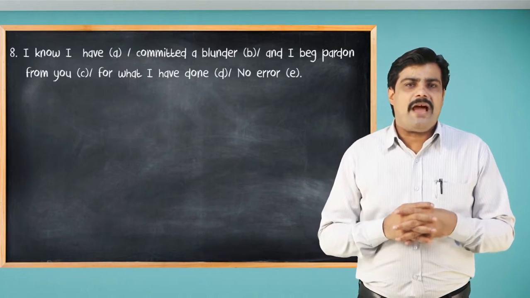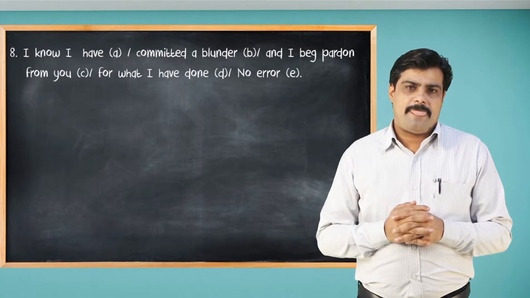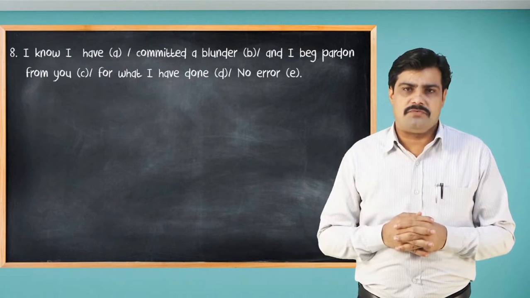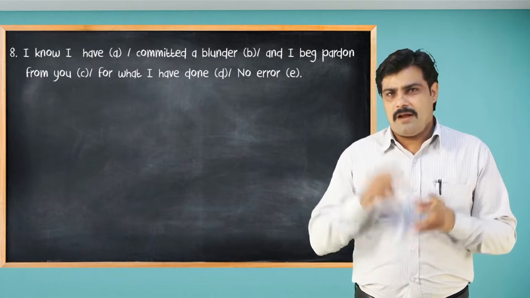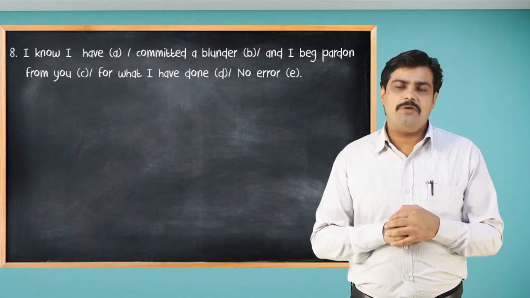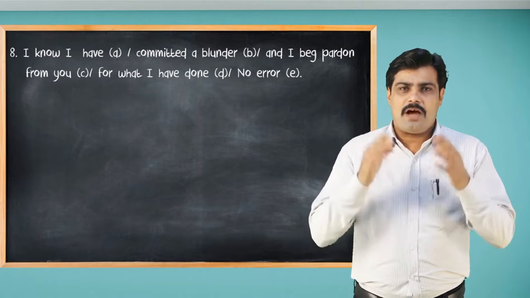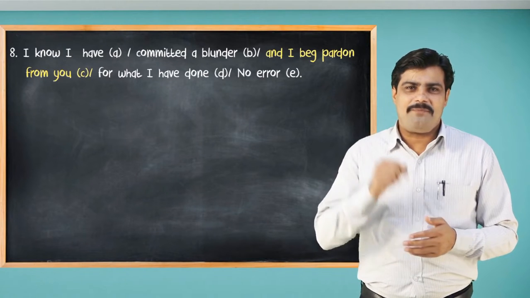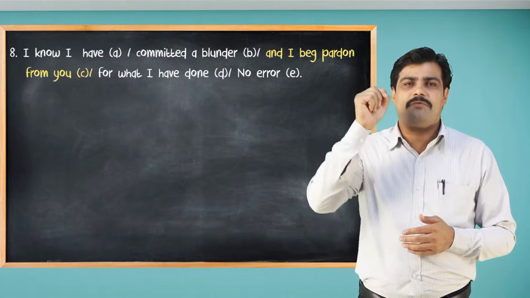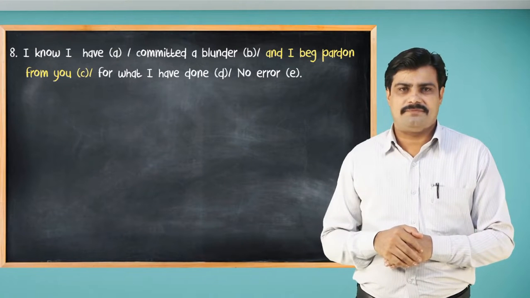Now let's take another sentence. I know I have committed a blunder and I beg pardon from you for what I have done. Now analyze this sentence and tell what is the mistake. Now in this sentence, part C is wrong. And in part C, the preposition "from" is wrong.